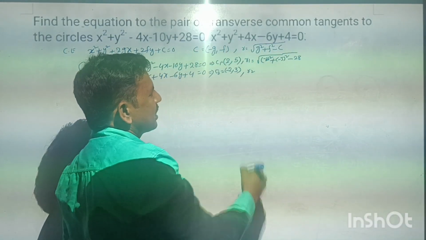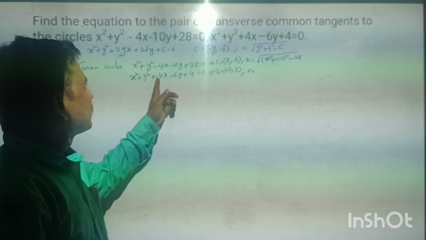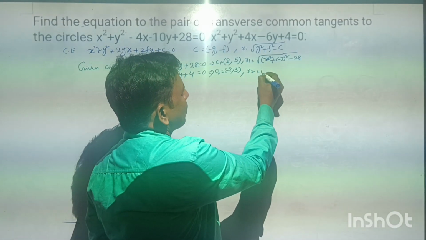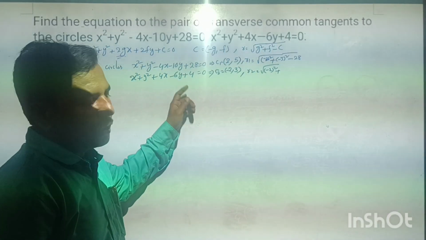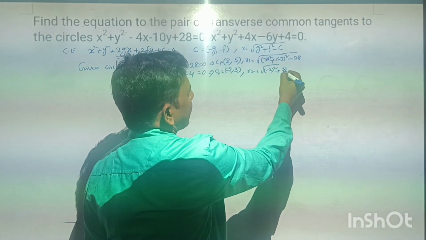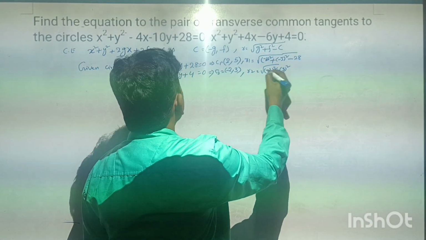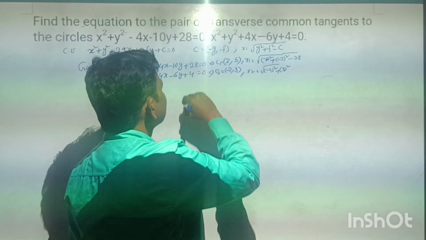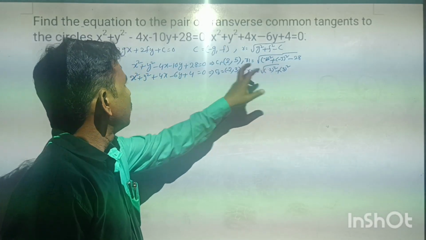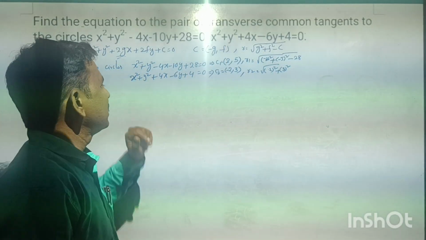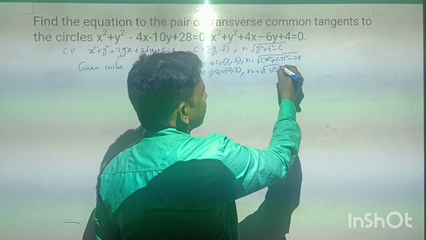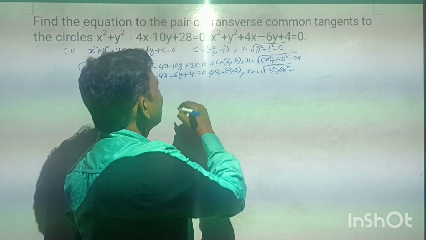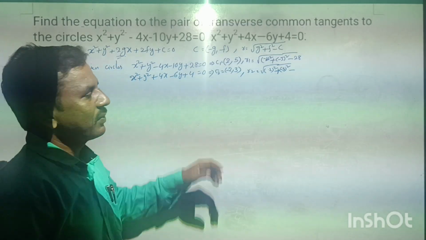Similarly, the radius r2 equals root of minus 2 whole square plus 3 whole square minus c, here c is 4.